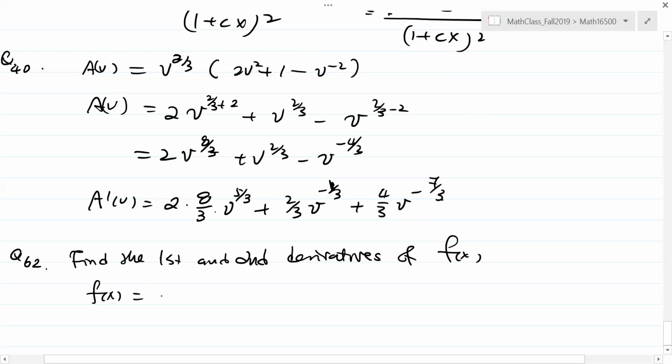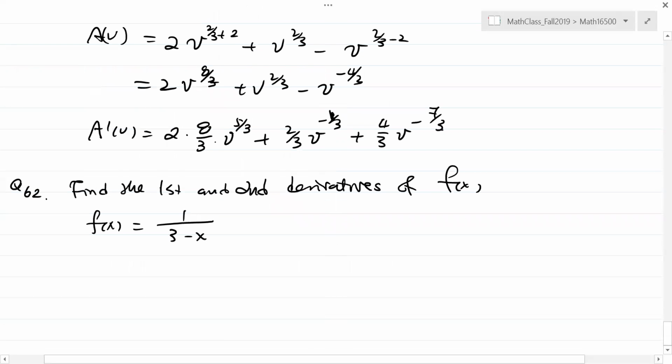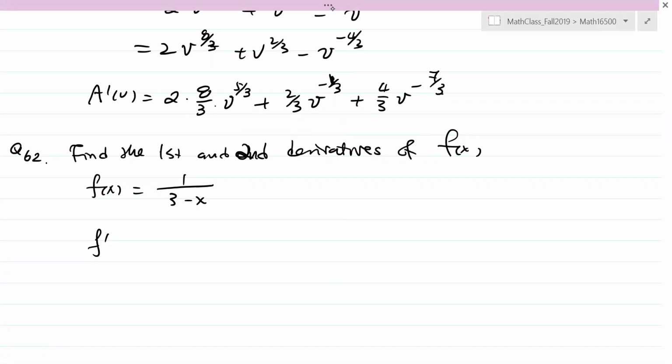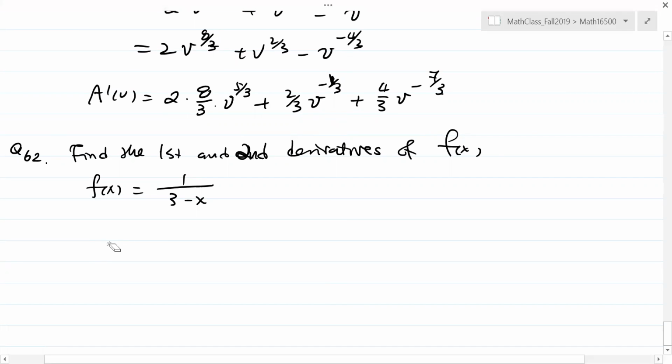F of x equals 3 minus x. We not only want to find the first one, we want to find the second derivative, okay? So the first derivative, well, what method are we going to use, right? We have to use the quotient rule here.